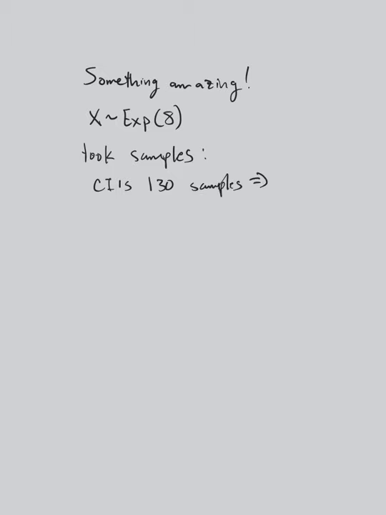So one last thing to remember, if you think back to whenever I was introducing the central limit theorem, we looked at this variable, an exponential random variable whose expected value was 8, and then we took samples. What I did is I just computed the confidence intervals for all 130 of those samples, and 100% of them contain the mean.